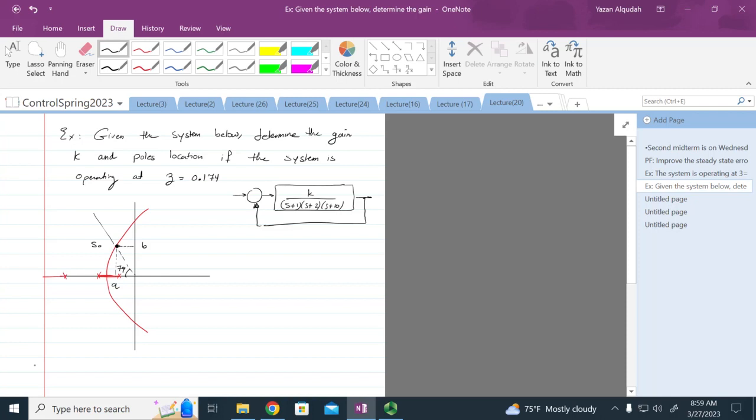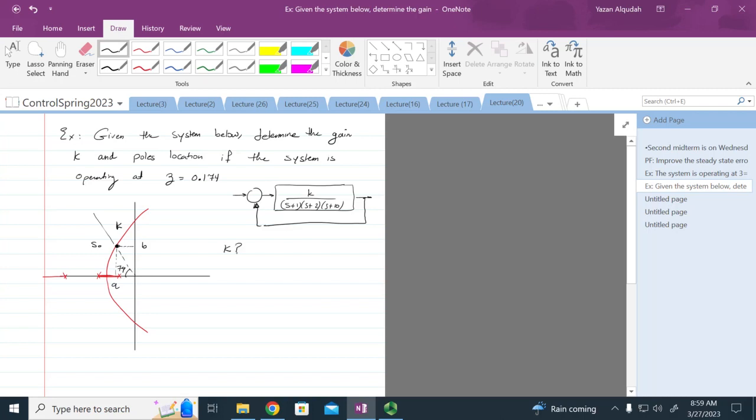So how many unknowns do we need to solve for? We need to solve for A, we need to solve for B, and we need to solve for K that gives me this intersection. Make sense? Remember, as I vary K, I'm moving around the root locus. There is a value K that I'm going to be operating at this point. I want to know this value of K. Okay, so what are the unknowns?